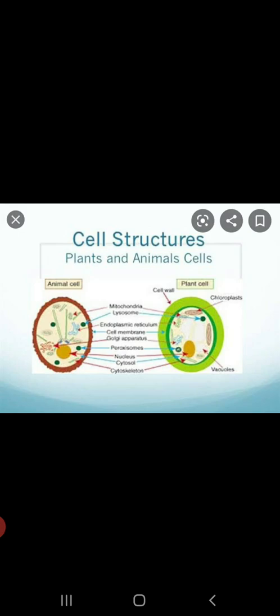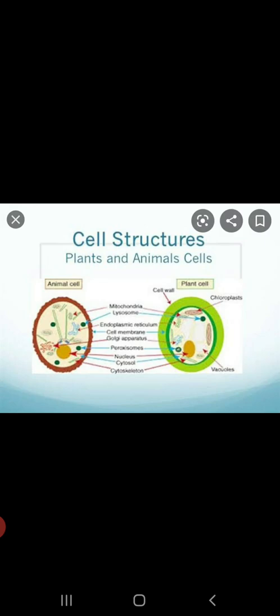cell membrane, cytoplasm, nucleus, mitochondria, Golgi body, endoplasmic reticulum, ribosomes. So these are the cell organelles that are common in the plant cell and animal cell.